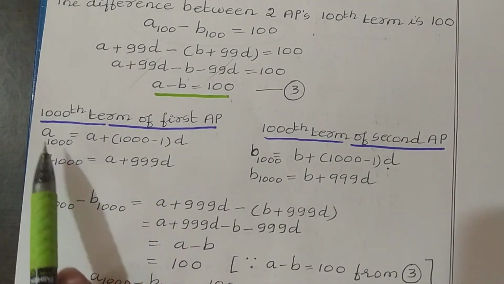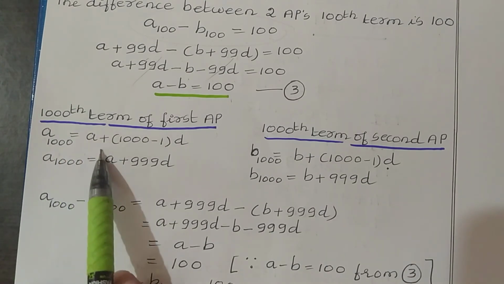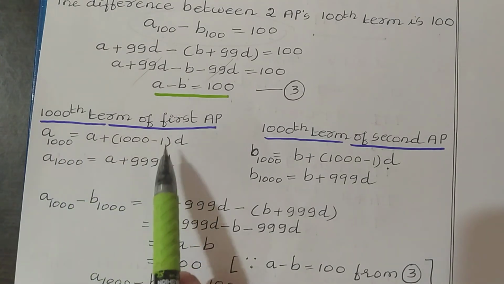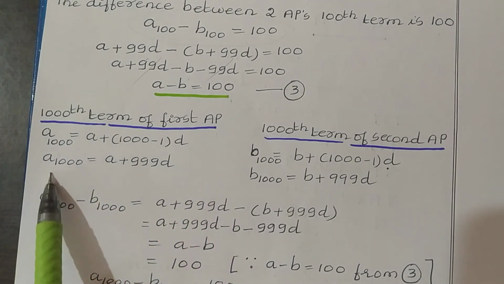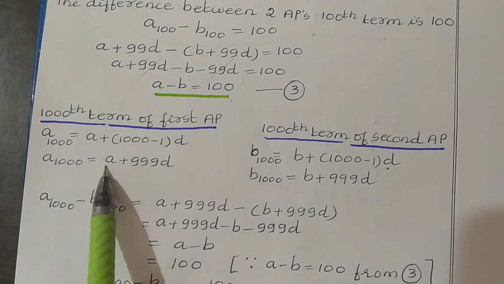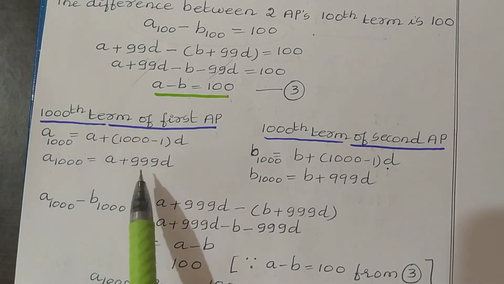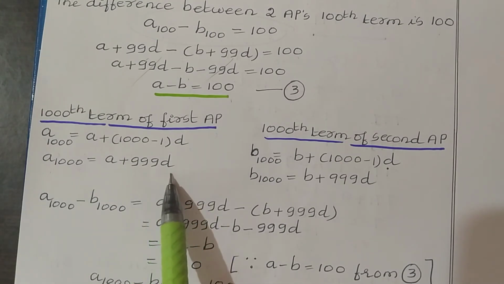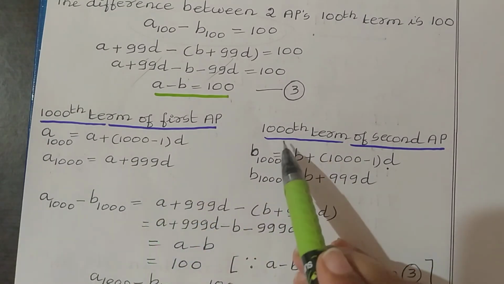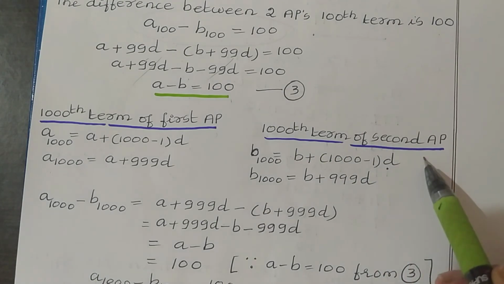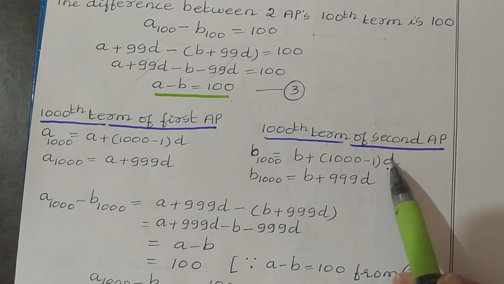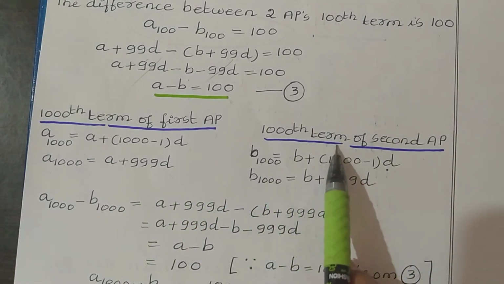So a1000 is equal to a plus 1000 minus 1 into d. So we get a1000 is equal to a plus 999d.